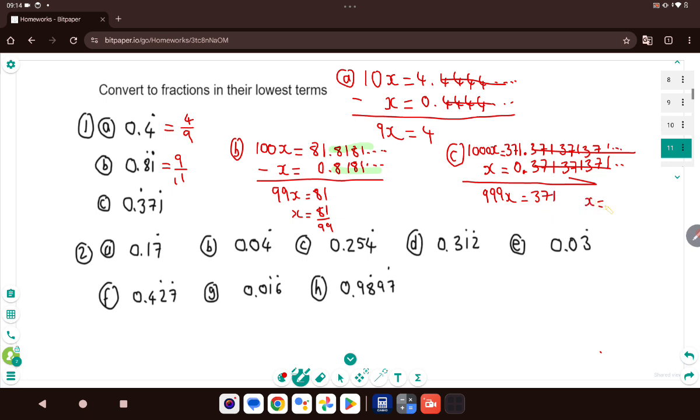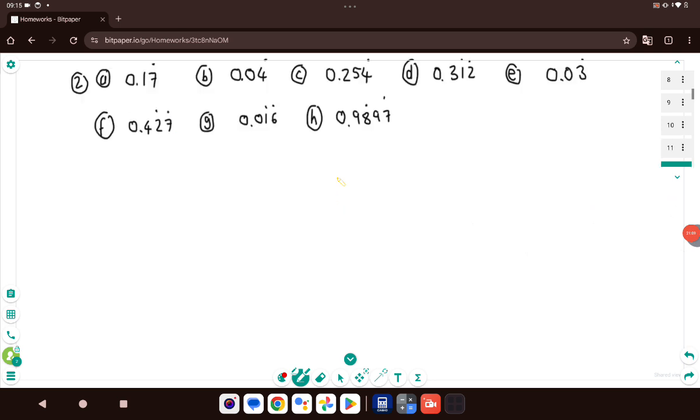Divide both sides by 999. Does not simplify. Yeah, that's all question 1 done. I've just put question 2 on a separate page to give myself some more space.